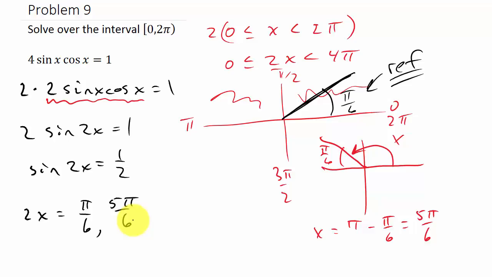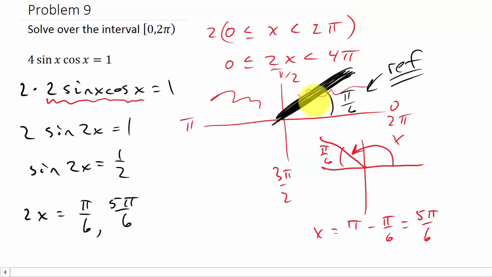Well, remember, at the beginning of trig, you learned about coterminal angles. Another solution would be to go here and then go all the way back around, and I would land here. They have the same terminal side, just different degrees of rotation.